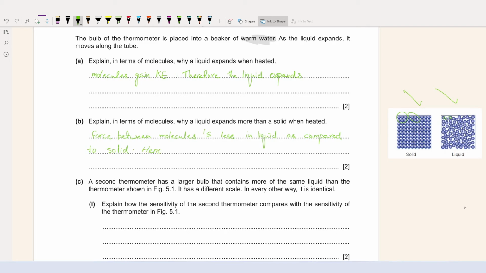Hence, less energy is required to separate the molecules.